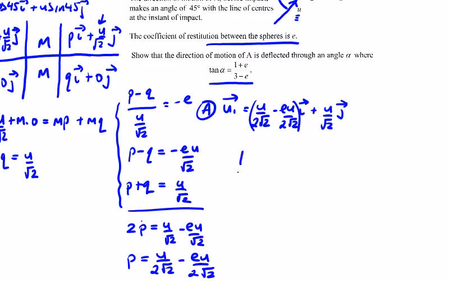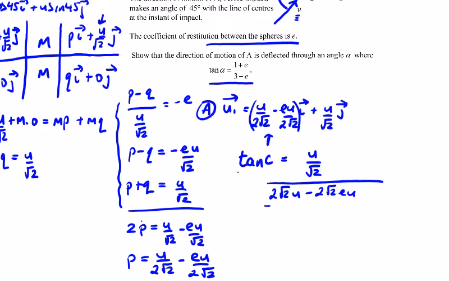And we can say the tan of the angle here, call the angle C maybe, because we used A and B, is equal to u over root 2 divided by, well, I'm going to simplify as I go, create one fraction: 2 root 2 times u minus eu, all over 2 root 2 by itself, which is going to be 8.